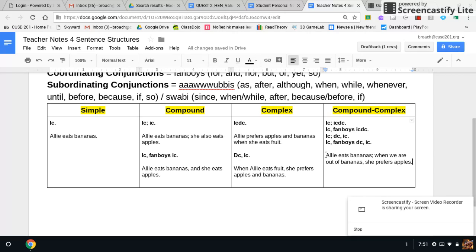So now you have independent clause, semicolon. So that's like this one. And then you have DC, comma, IC. And that is this one. So really you have this sentence structure right here.